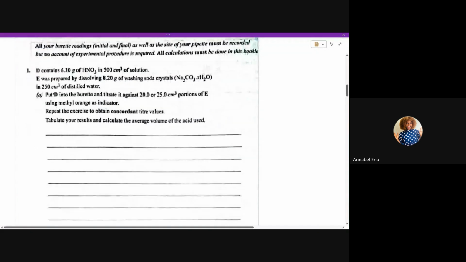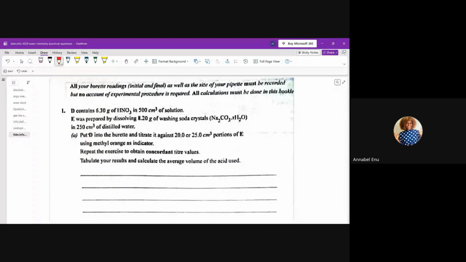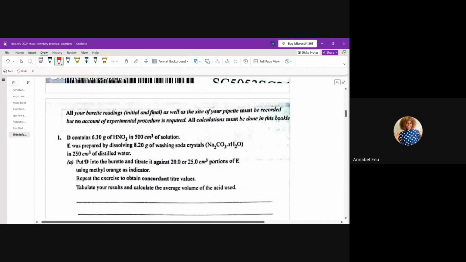Now, for the titration process, I already explained some aspects of it from the previous class. Okay. And you told me that you have not done the practical before.